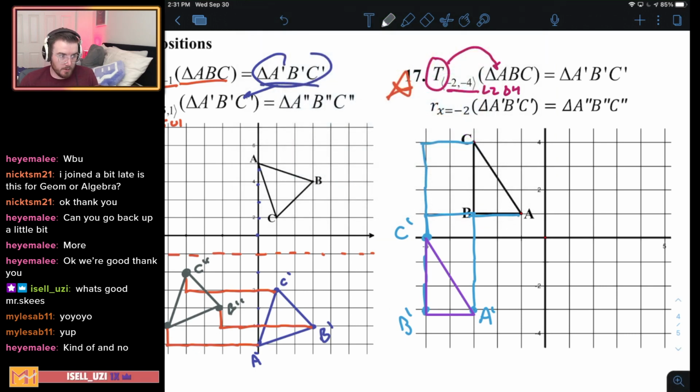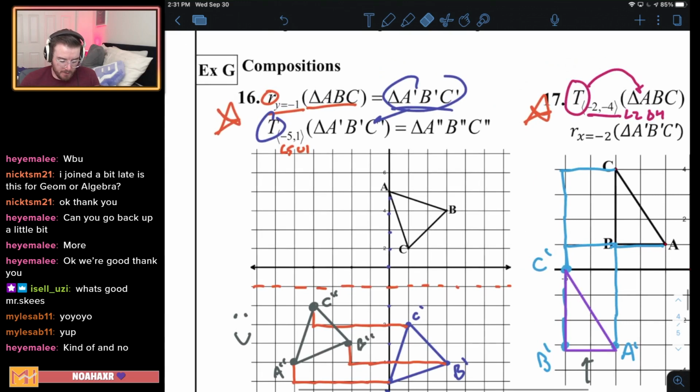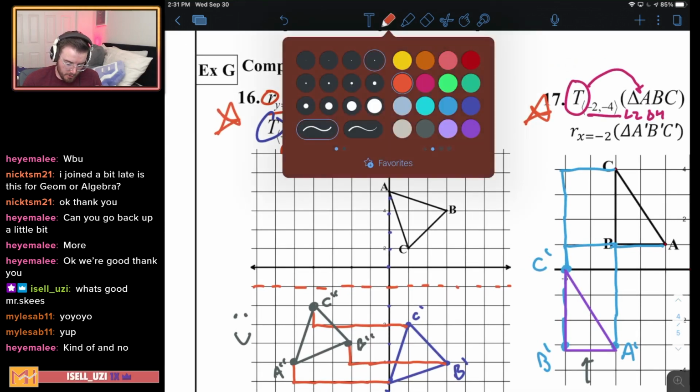And then we're going to take that image that we just created and reflect it across the line x equals -2. I kind of glossed over the fact that I plotted this line right away, and I'm sorry about that.